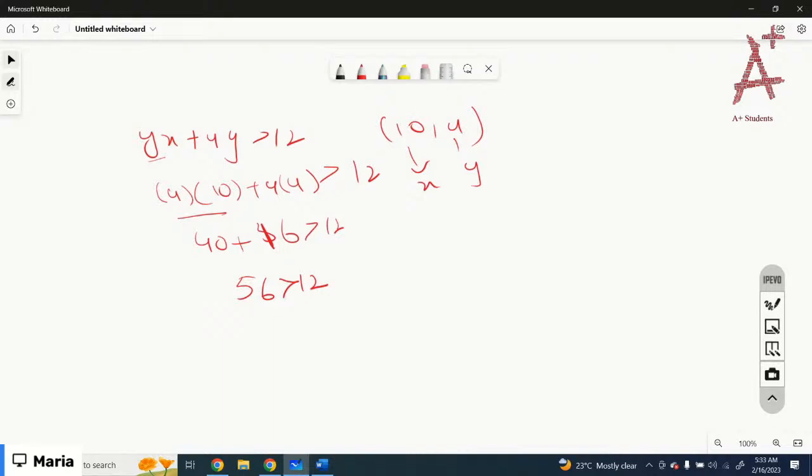That means the point (10, 4) is a solution of the inequality 4x + 4y greater than 12. So the correct option is yes.